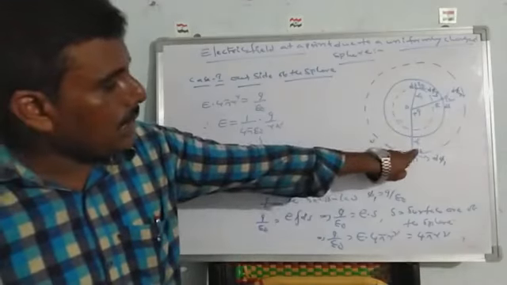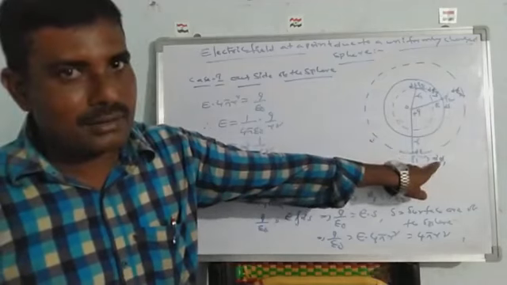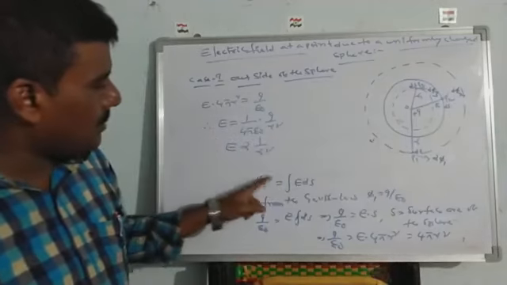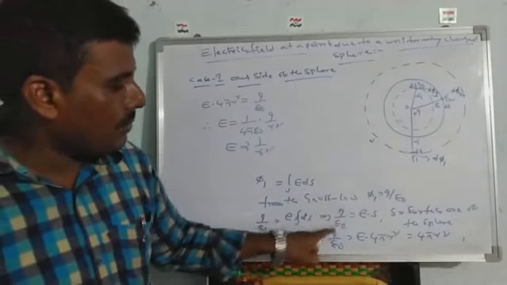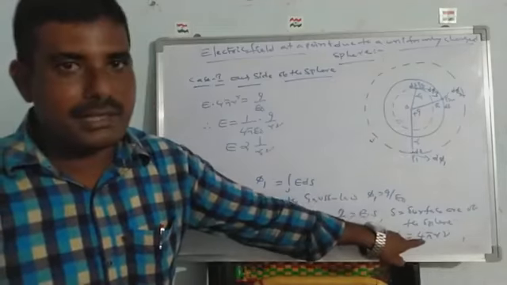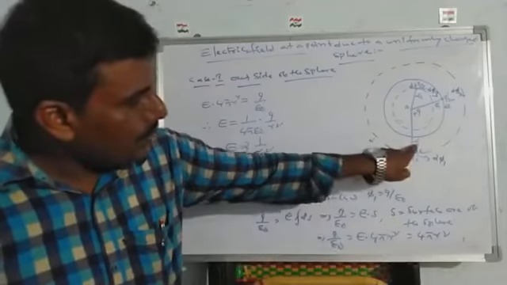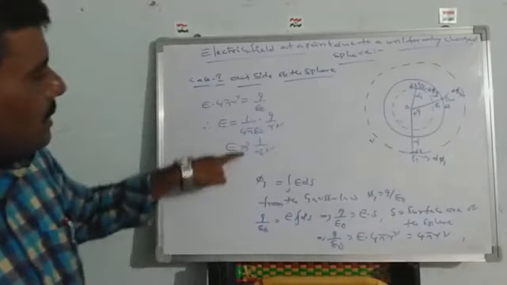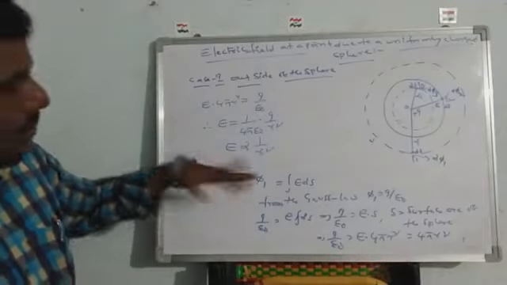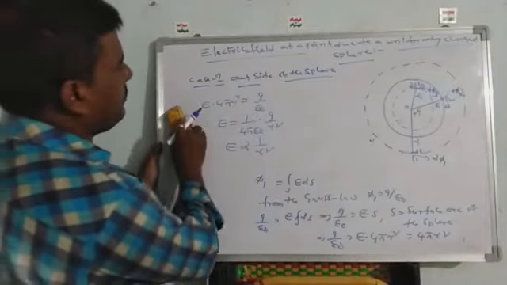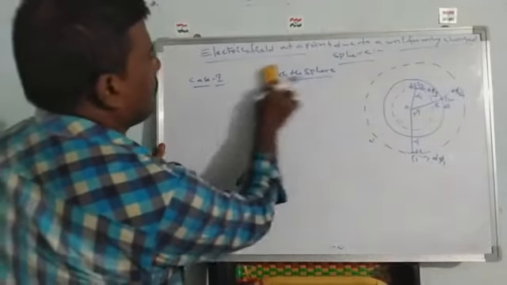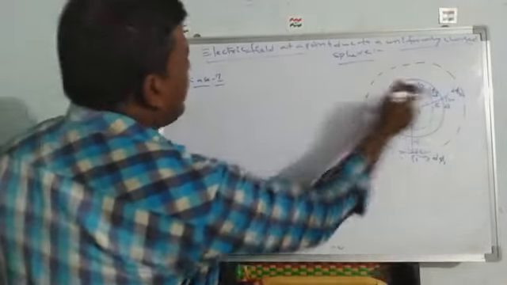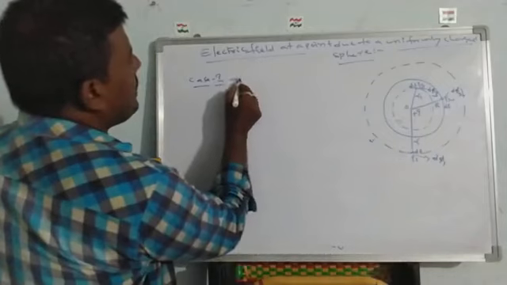The flux, by using the Gauss law, is phi 1, and S is the surface area of the sphere. The second case is on the sphere.